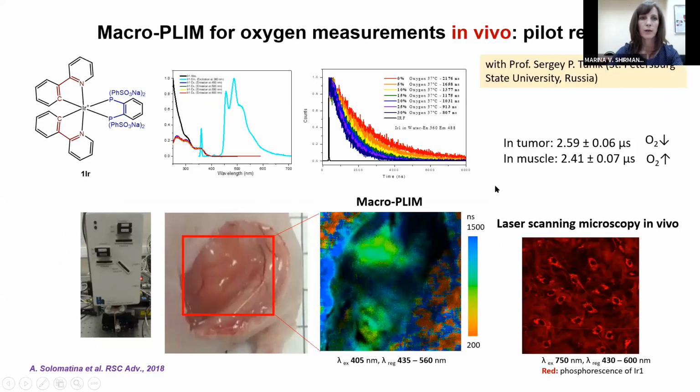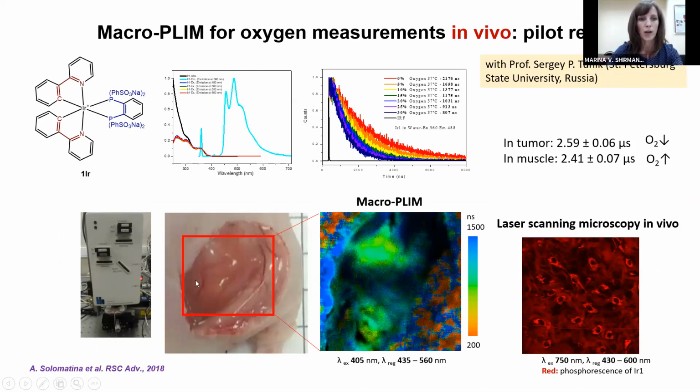Here, for the first time, we performed phosphorescence lifetime imaging at the macro scale. We used an iridium dye, a new phosphorescent complex developed by the group from St. Petersburg, Sergei Tunik's group.